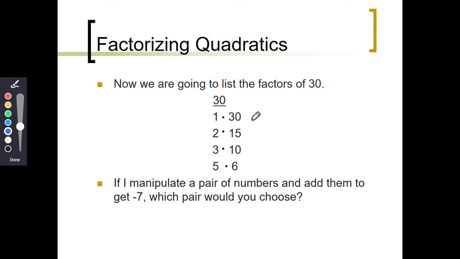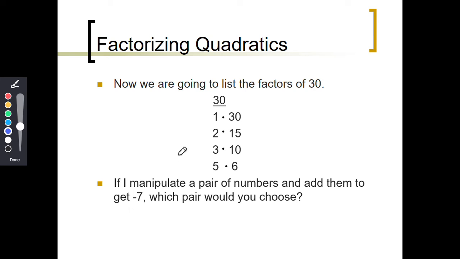So to manipulate, in this case, we are talking about changing the sign of a number or numbers in a pair of factors. So if I manipulate a pair of numbers and add them to get negative 7, which pair would you choose?